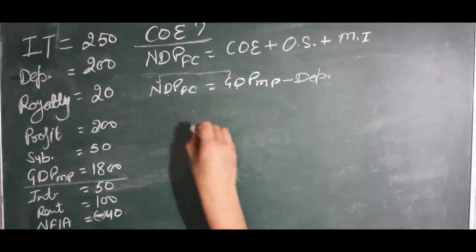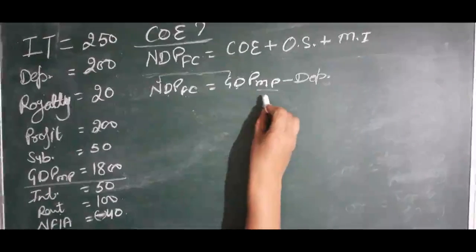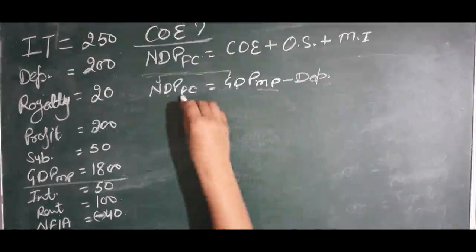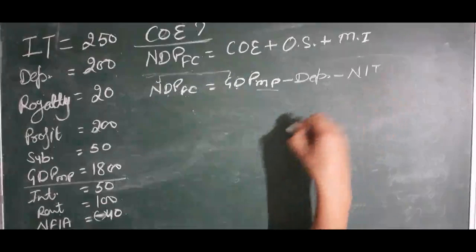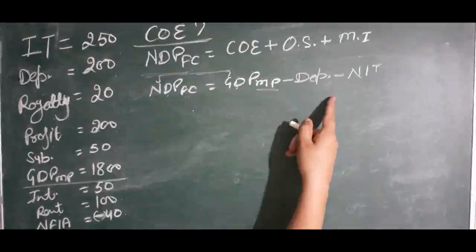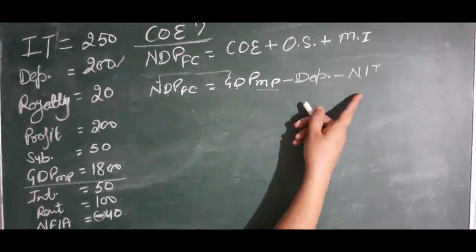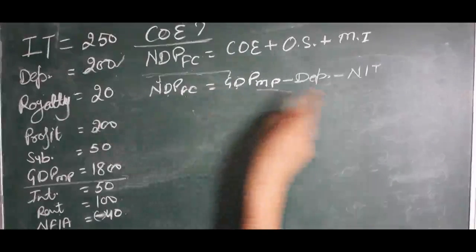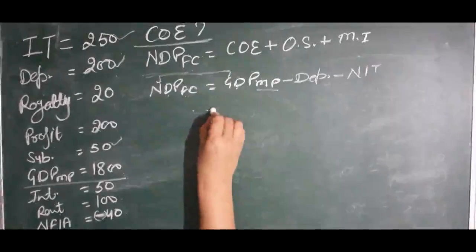Then domestic to domestic, no adjustment. Market price to factor cost: to move from market price to factor cost, we subtract the net indirect tax. In this question, depreciation is 200 and net indirect tax is not given directly, but we are given indirect tax and subsidies.